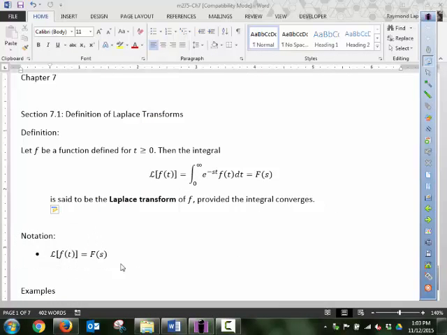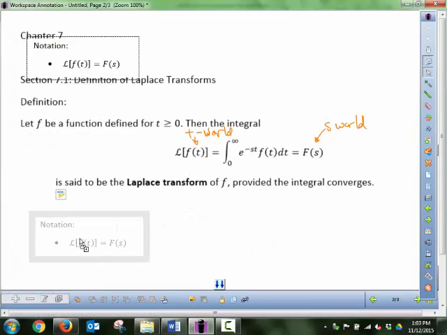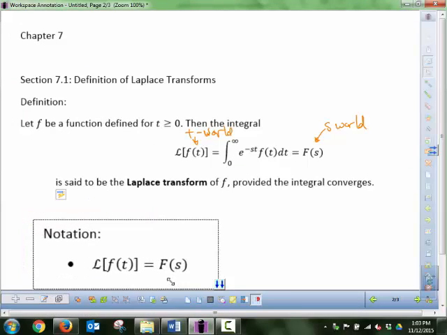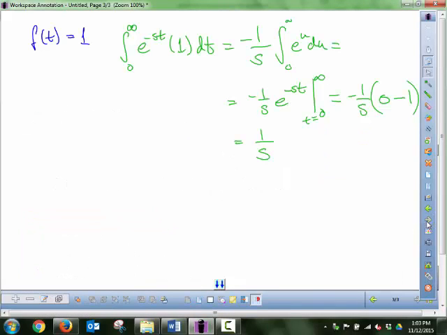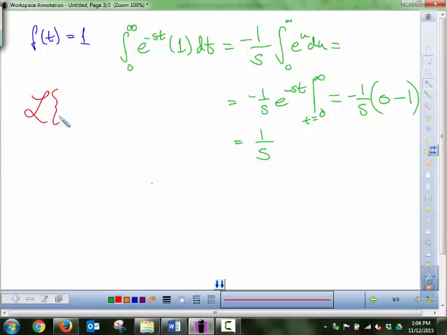So in terms of my notation in my notes, you'll see this, but when I handwrite it, this is going to be the notation. So we're going to take L. This is the Laplace L that's used in most books. An L, and then sometimes they use square brackets, sometimes they use curly brackets, and then they put the function in here. So L of this function 1 is equal to, and then this is the function 1 over s.